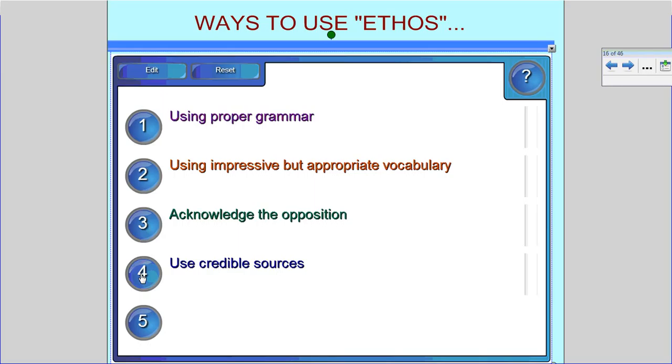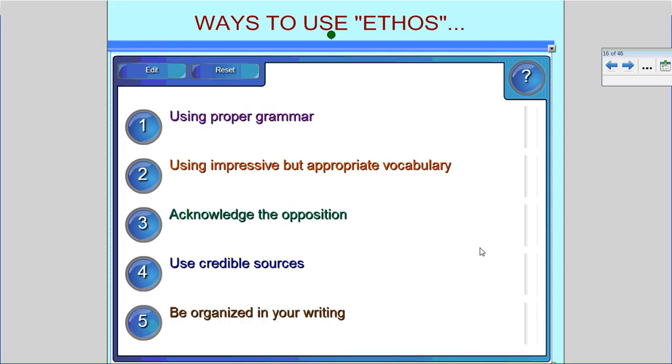Also, you need to make sure that you use credible sources and also cite those credible sources so the author knows where your information is coming from. It's also important to remember if you are taking a quote from the article that you need to put that quote in quotation marks because it's not your words, and if you don't put it in quotation marks, it's then considered plagiarism.